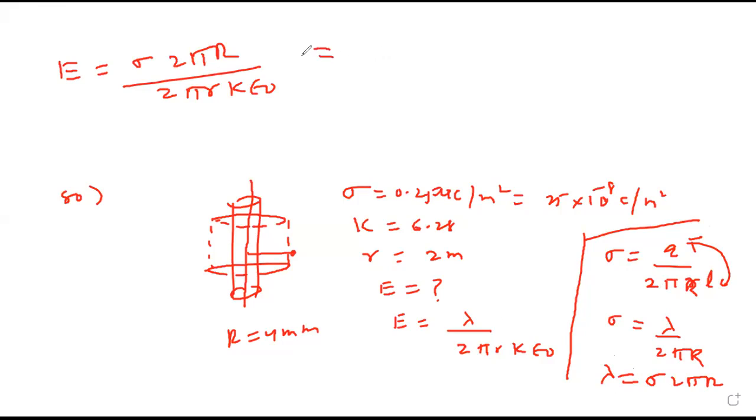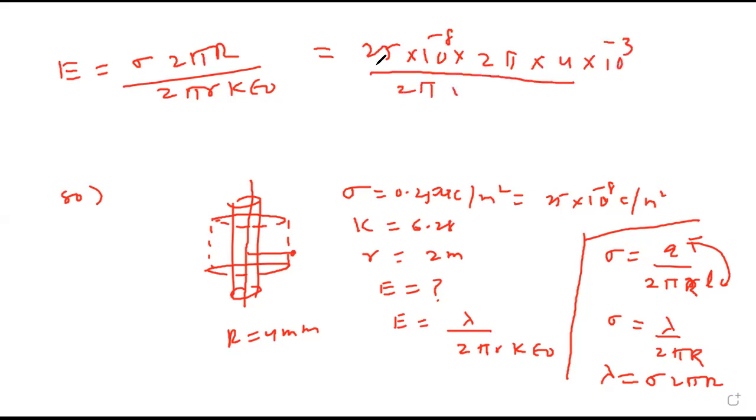That means sigma is 25 into 10 raised to minus 8, 2 pi capital R is 4 into 10 raised to minus 3 meter. This is 2 pi, r is 2, K is 6.28 into epsilon naught. What is meaning of 6.28?